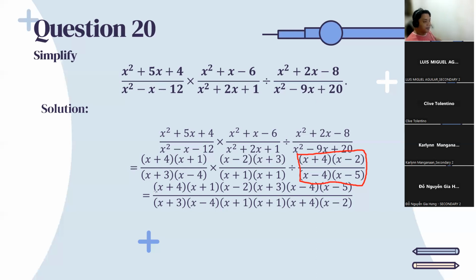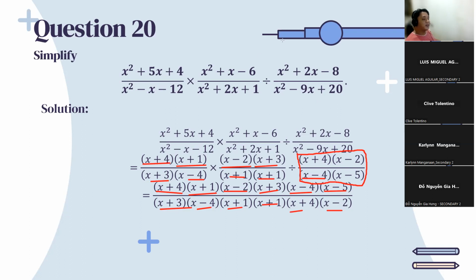So as you can see, we have x plus 4 multiplied to x plus 1 multiplied to x minus 2 multiplied to x plus 3 multiplied to x minus 4, since this is already inverse, I think. So x minus 5, and then the other values, x plus 3, x minus 4, x plus 1, x plus 1, and then x plus 4 and x minus 2.